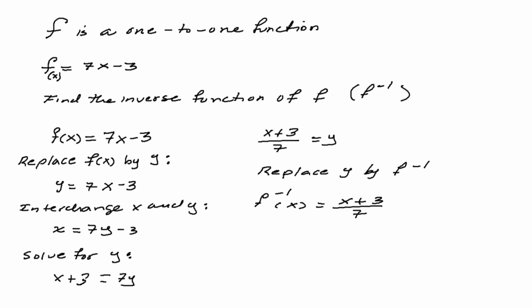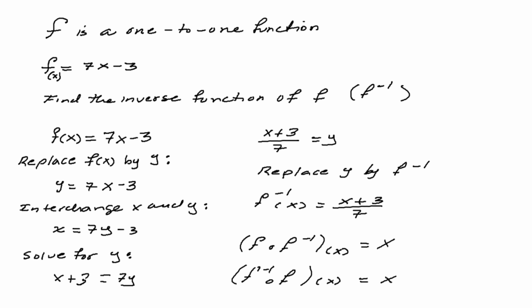To demonstrate that your answer is correct, you must show that the composition between the function f and its inverse, so f composed with the inverse function of f of x, needs to be equal to x, and the inverse function of f composed with f of x needs to be equal to x too. So if you can demonstrate that these two compositions are equal to x, then you know that your solution is correct, that the function you found is really the inverse function of the function f.